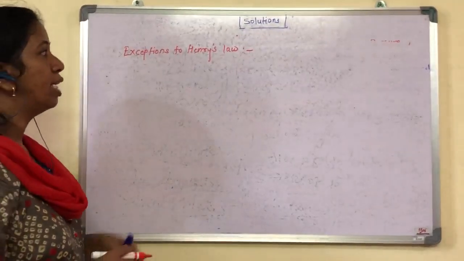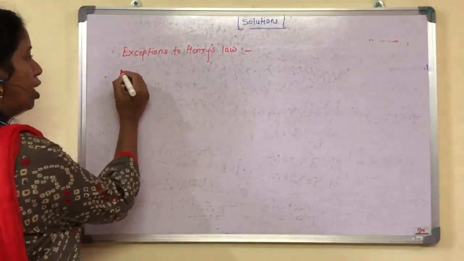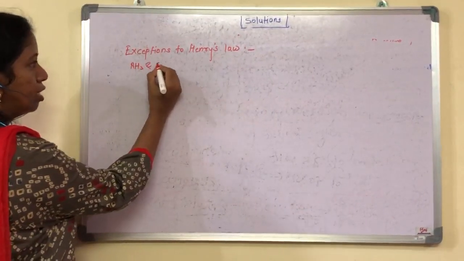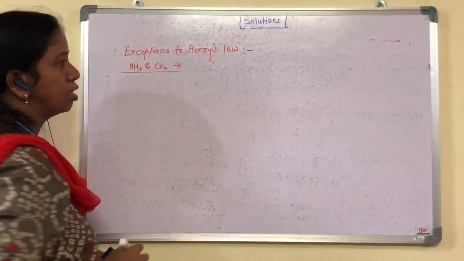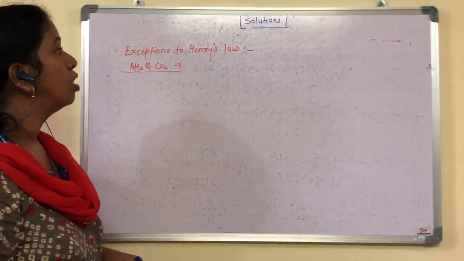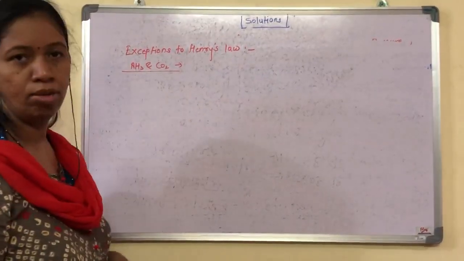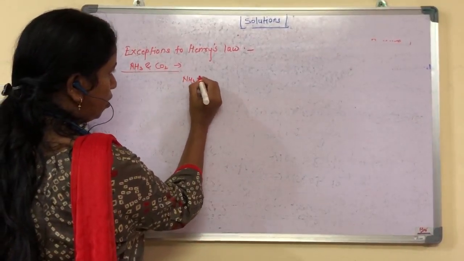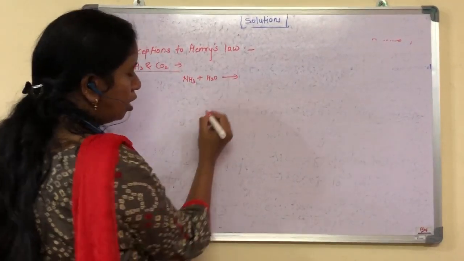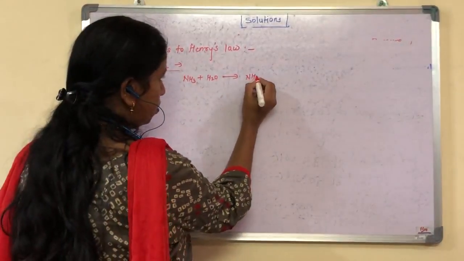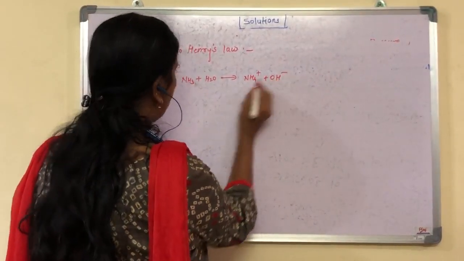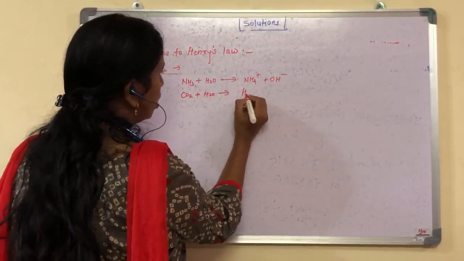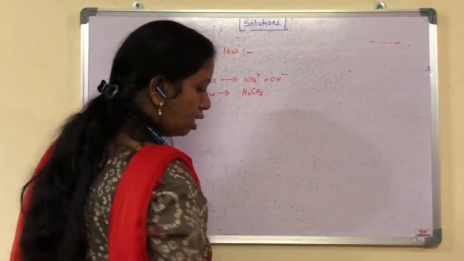Now we are going to see the exceptions to Henry's law. We have two examples, NH3 and CO2. These are exceptional cases which do not obey Henry's law, because they are very soluble in water. They react with water: NH3 dissolved in water gives NH4+ and OH-, and if CO2 is dissolved in water, we get H2CO3, that is carbonic acid.